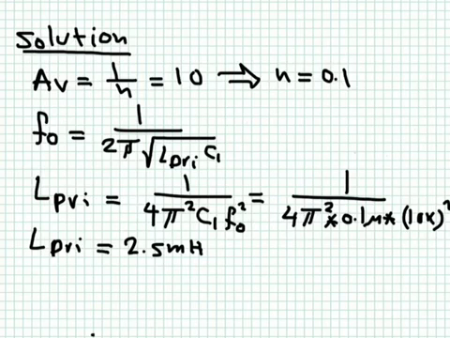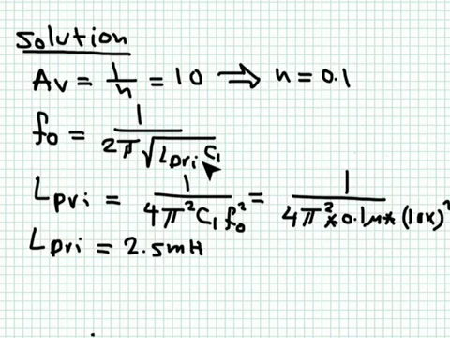Then the turns ratio, the secondary to the primary in this case, will have to be opposite to that number, which is 0.1. So the amplifier gives a gain of minus 10. The transformer must give you attenuation of minus 0.1. Then the number of turns of the secondary must be equal to 0.1 times the number of turns of the primary. Okay? So this solves the first part, what type of transformer I should be using.